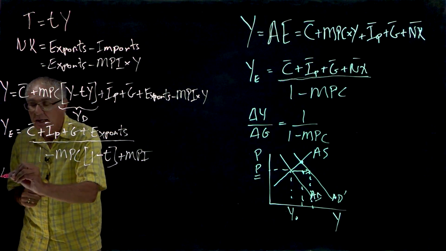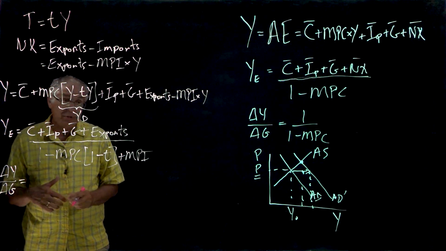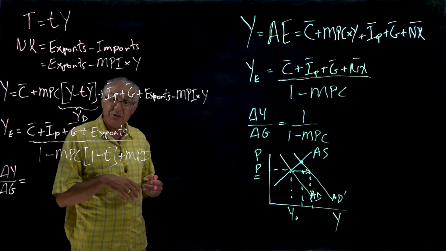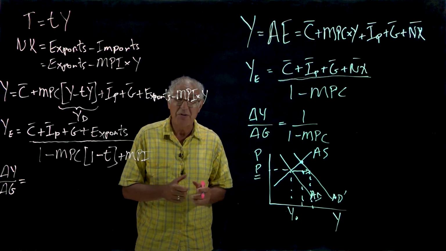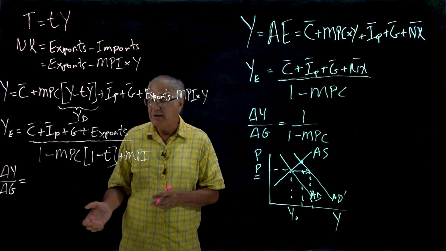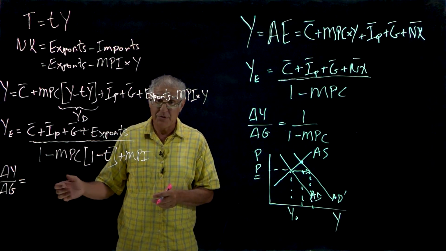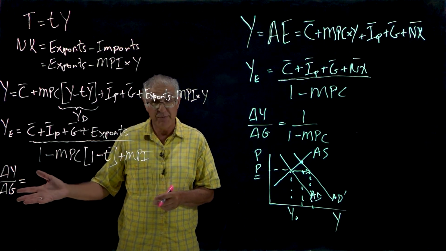If I solve for the change in the equilibrium level of income that occurs with a change in government spending, and again, the change in government spending is what fiscal policy is all about. The government in an expansionary fiscal policy will increase government spending. If it's contractionary fiscal policy, if the economy is overheated, it will reduce government spending.